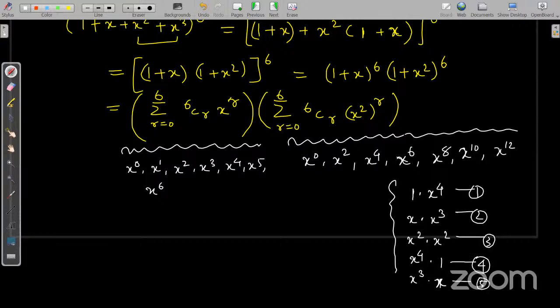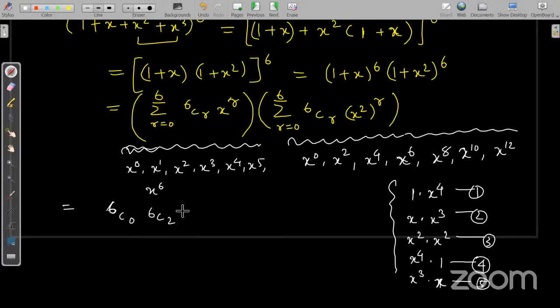If you are getting 5 cases, then the first term should be 1, so when r is equal to 0, the coefficient of x to the power 0 is 6C0 into x to the power 4. When r is equal to 2, that is 6C2.